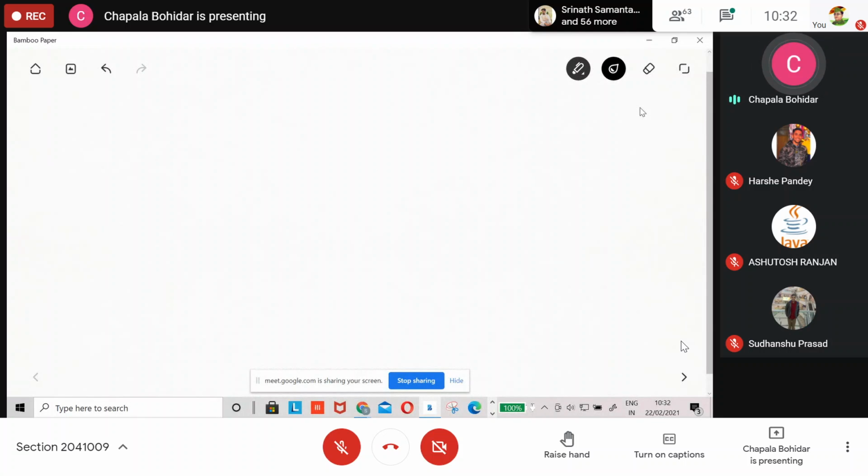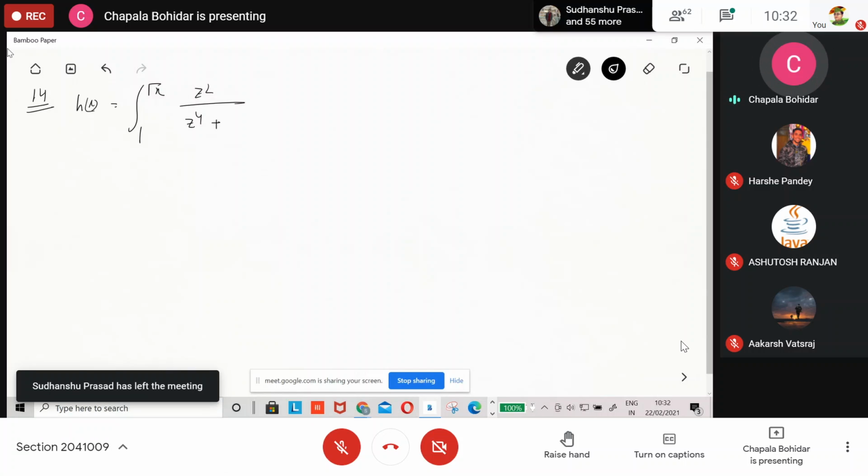Question number 14: h(x) is equal to the integral from 1 to root x of z square by z to the power 4 plus 1 dz.